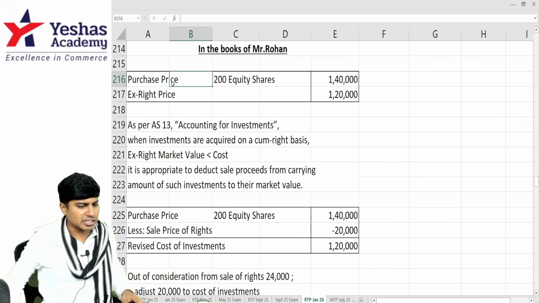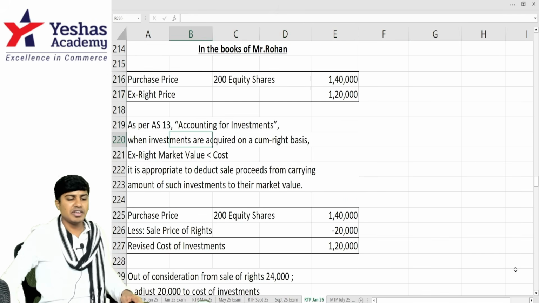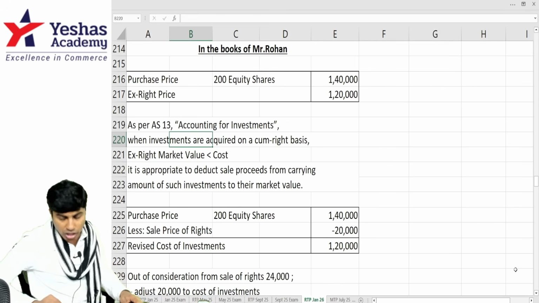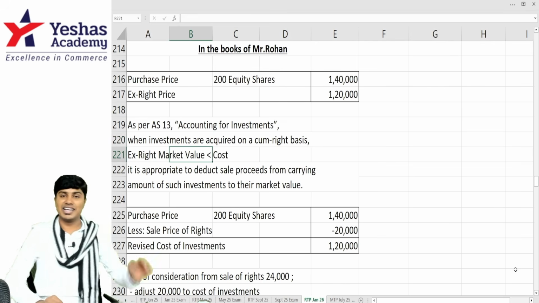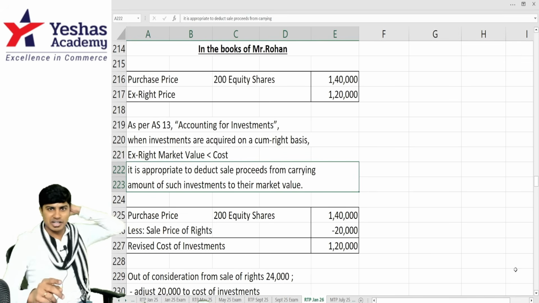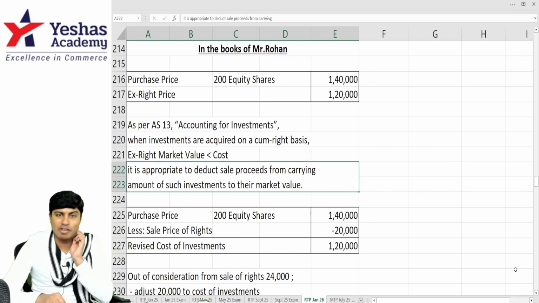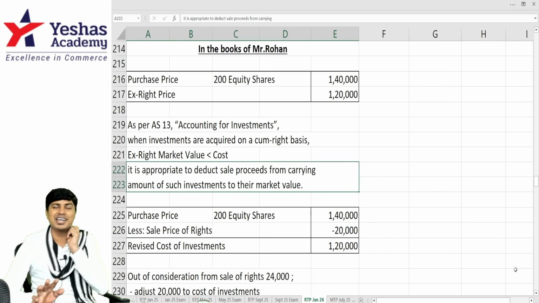Have a look. Purchase price 1,40,000. Ex-rights price 1,20,000. AS 13 accounting for investments. When investments are bought on cumulative right basis and ex-rights price is lesser than cost, then when we do cost or FMV, whichever is less, investments will be valued at FMV, and that will result in a loss of 20. That loss should not go to P&L, because basically we write the sale of right consideration in P&L.